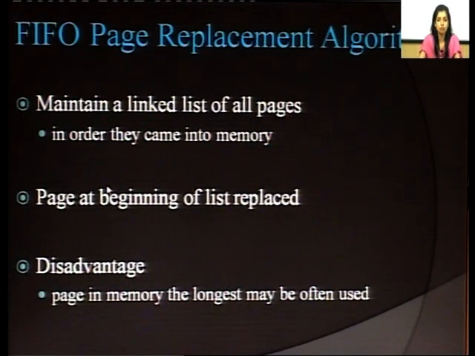Maintain a linked list of all pages in the order they came into memory. The page at the beginning of the list is replaced. The disadvantage of FIFO is that the page that has been in main memory longest may still be needed for a long time. So this is the disadvantage of FIFO.